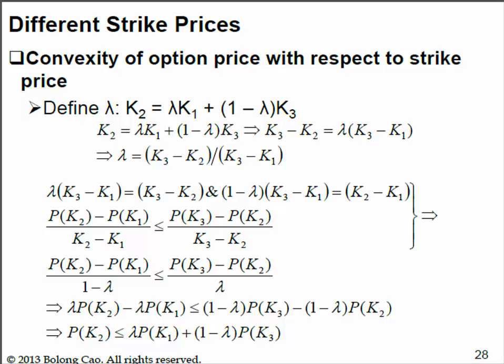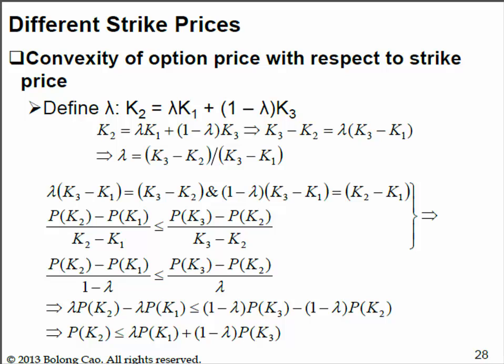It's somewhere in the middle, depending on this parameter lambda. You go up from K1 by lambda and go down from K3 depending on lambda, and meet in the middle to get your K2. So K2 we define as lambda times K1 plus (1 minus lambda) times K3. It gives you the idea where K2 is between K1 and K3.